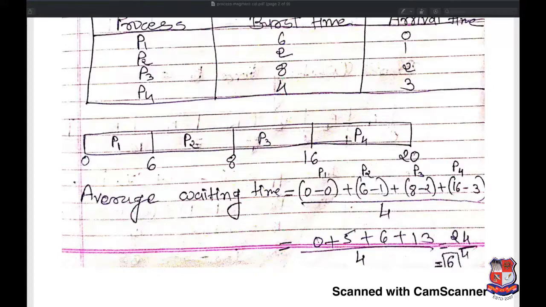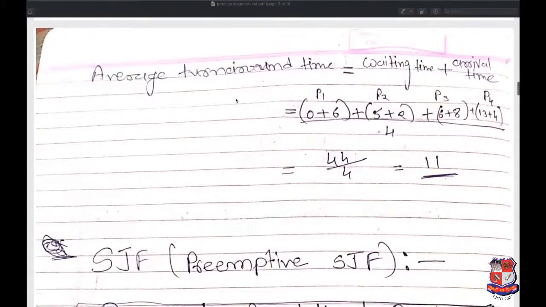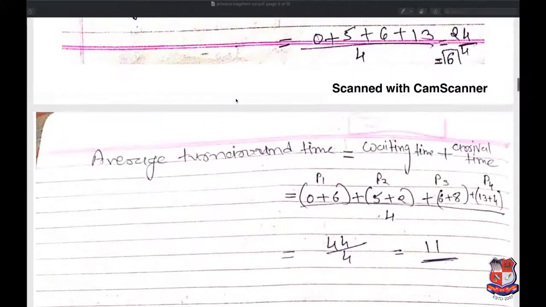Then at last we can find out the turnaround time. The equation for the turnaround time is equal to waiting time plus arrival time. So waiting time of all the processes plus arrival time of all the processes.